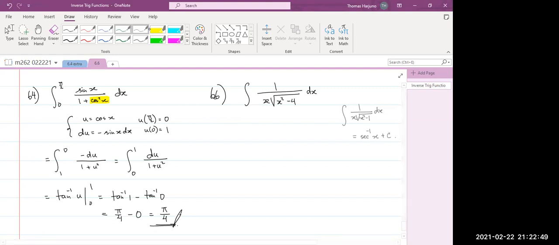Now the problem is we change that 1 to 4. How to make it 1? I factor 4 out from that square root. So I factor 4, then I get x squared over 4 minus 1, like that, dx.